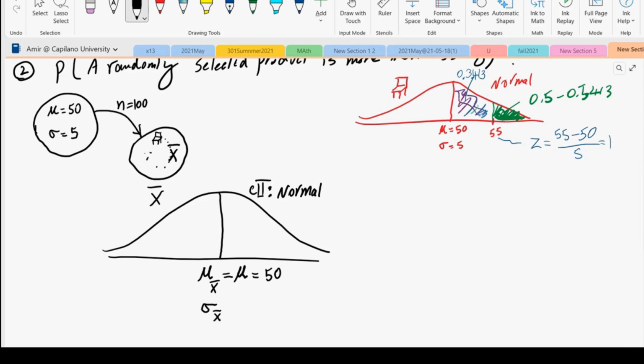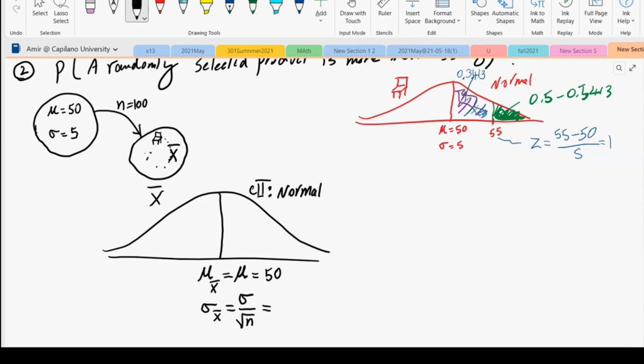Do we know what the standard deviation of X bar is? It's the standard deviation of the population divided by the square root of n. Who told you that? The central limit theorem. Repeat that. In the next 2 months, when you are sleeping, when you are walking, you always think of the central limit theorem. So repeat it, get used to it.